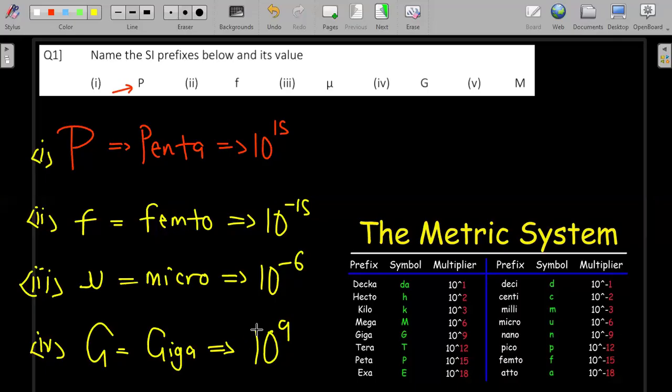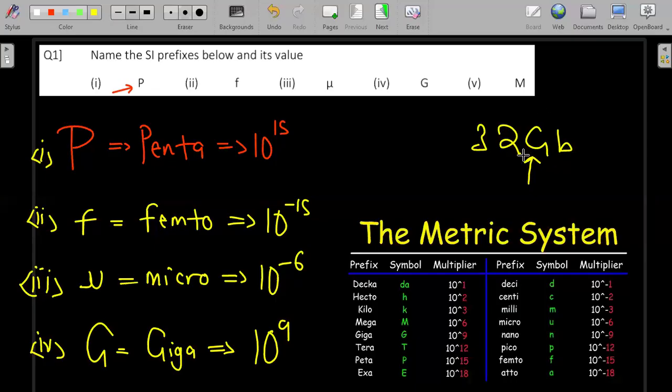Take the phones that you are buying, or those memory cards: when they say the storage of a memory card is maybe 32 GB, the G represents giga, and the B in terms of storage is the byte. So when you say 32 GB, you're simply saying 32 gigabytes.